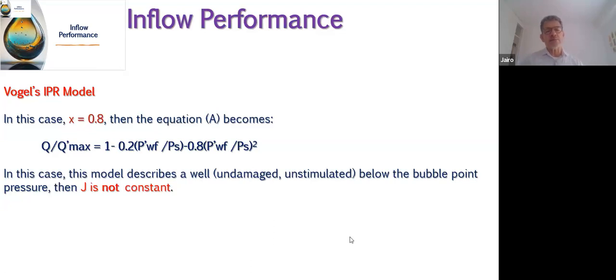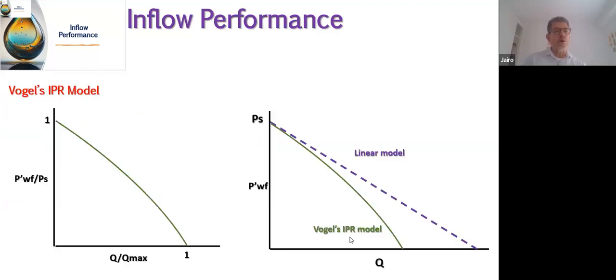This model describes an ideal well, again, damaged or stimulated, below the bubble point pressure. Then it's not constant anymore because it is declining, and this is only for the performance from the bubble point to below the bubble point. So it is right here.